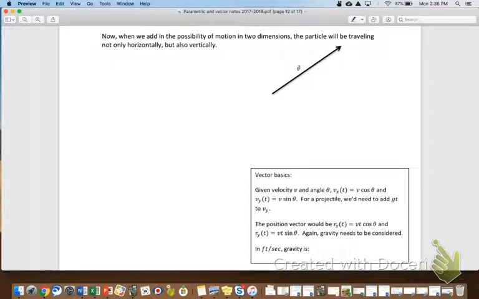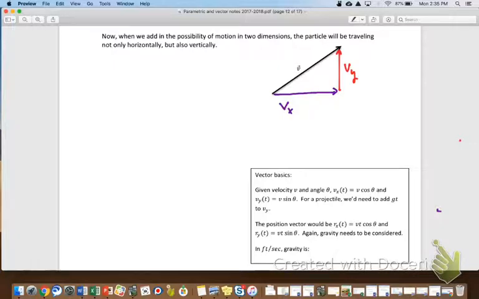So then the horizontal component, we would call this Vx. The vertical component, we would call V sub y. So the V sub x and the V sub y are just saying that this is the horizontal component, and the V sub y would be the vertical component.